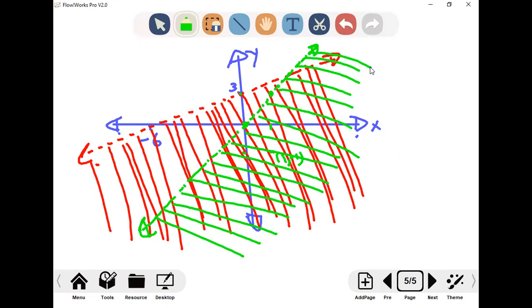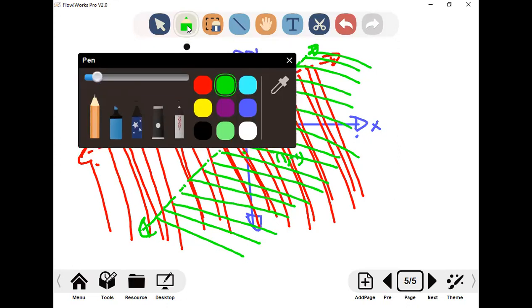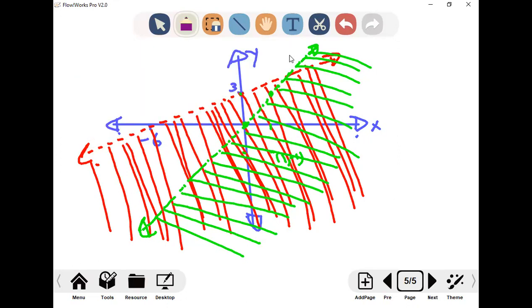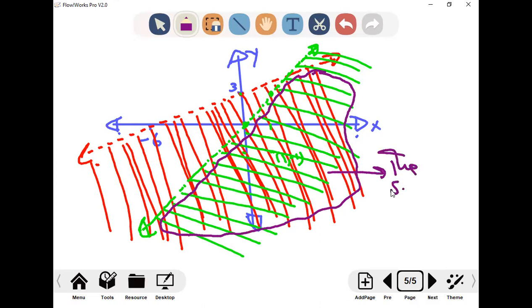This area here, the area which has the two colors, is the solution area. What does this mean? It means any point in this common area is a solution for both inequalities.